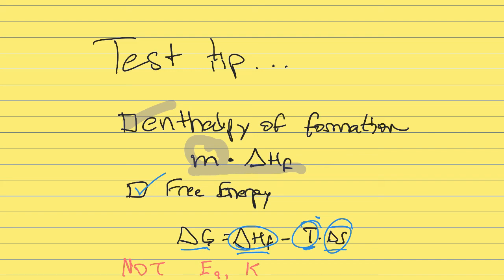They give you this, and so you're just having to remember the formula. So memorize the formula. They give you the numbers to plug in, not hard. Same with this problem up here. They give you the delta HF number. You just have to use your periodic table to figure out how many moles you have.